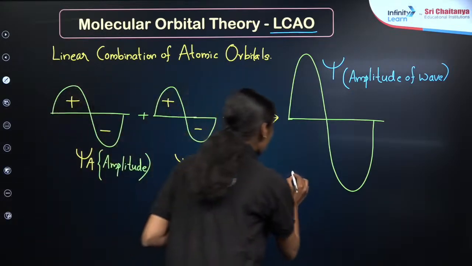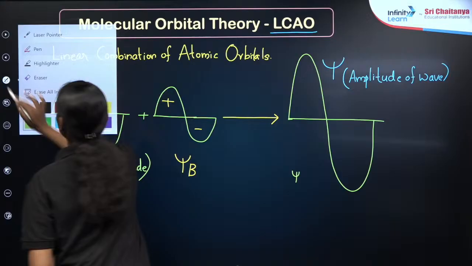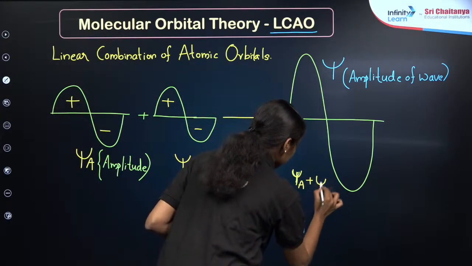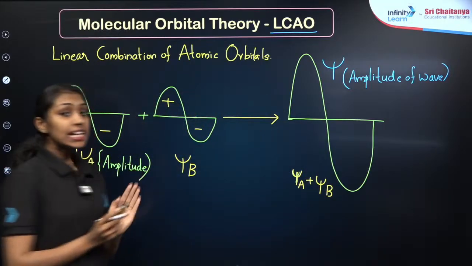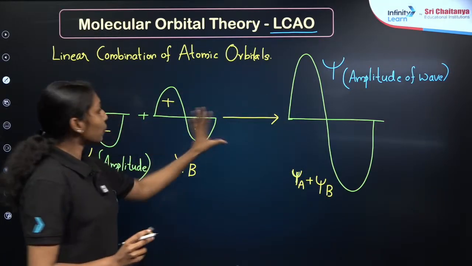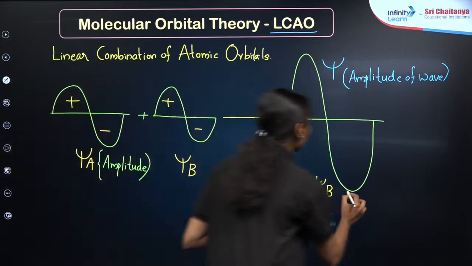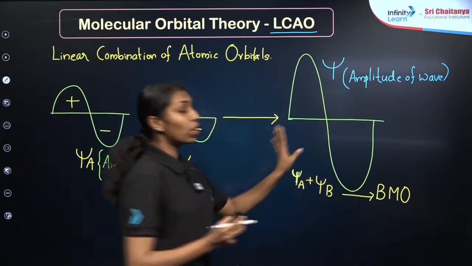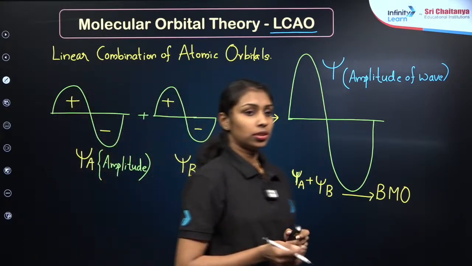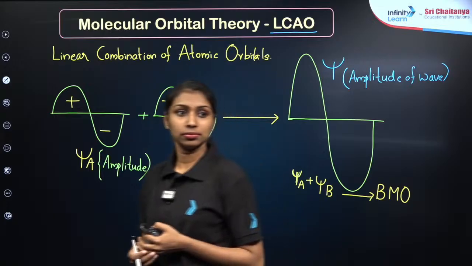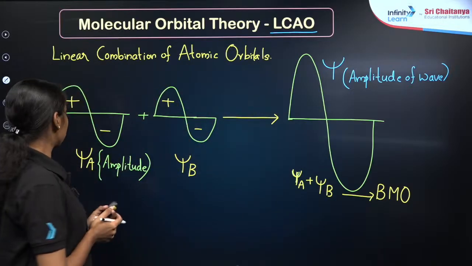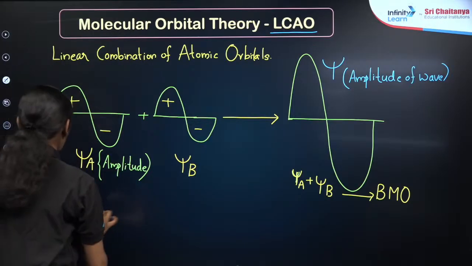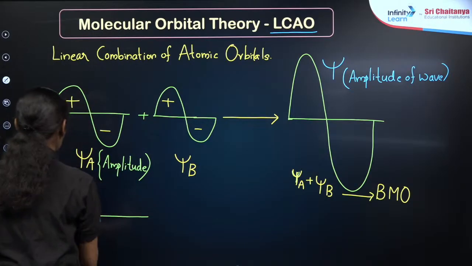So during the addition of atomic orbitals, constructive interference happens, and this results in the formation of the bonding molecular orbital. Clear? Now, what about the anti-bonding molecular orbital?